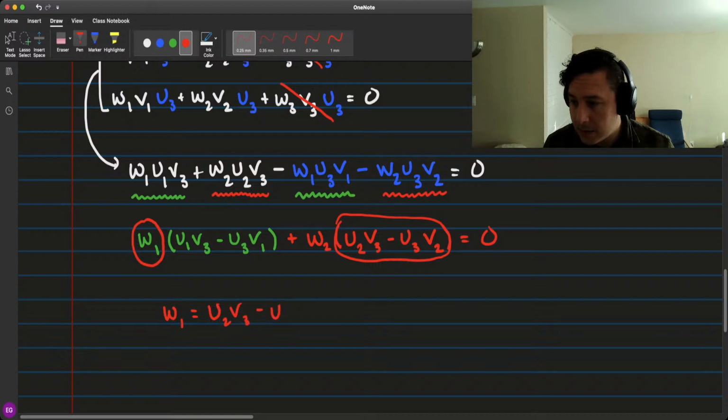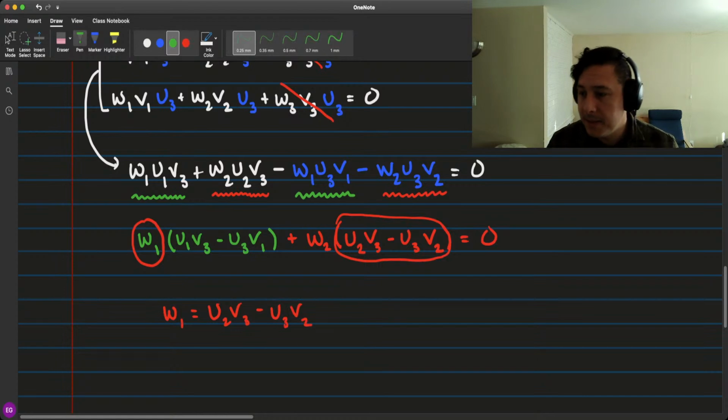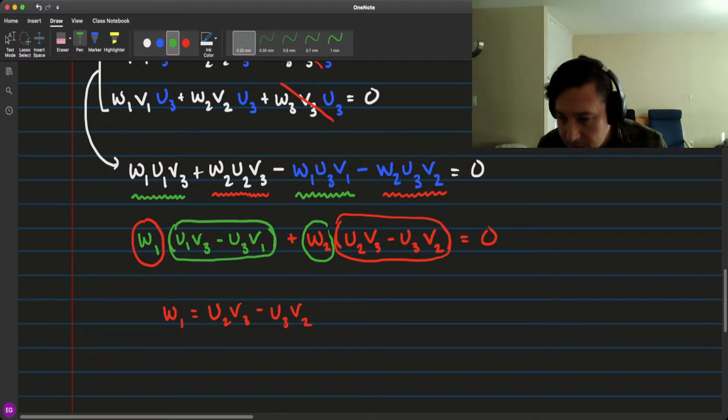And W2 equals not this stuff, but its negative. Why does W2 have to be equal to the negative of that?